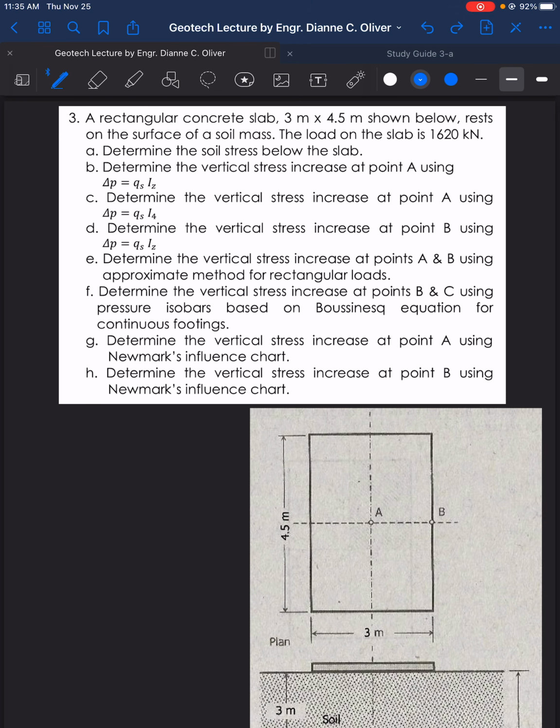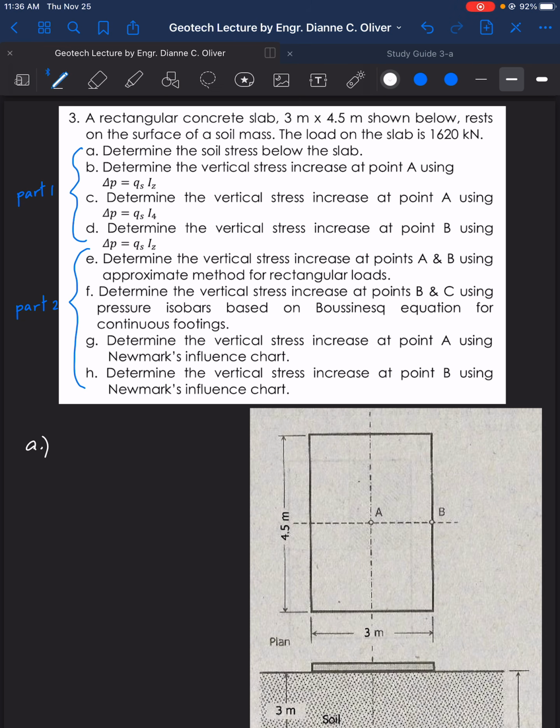So meaning, we will solve for A to D in this video. The next ones, E, F, G, and H, will be in part 2 of this video. So we have here part 1, then this is for part 2. Okay, so let's solve for A, B, C, and D. First one is letter A.